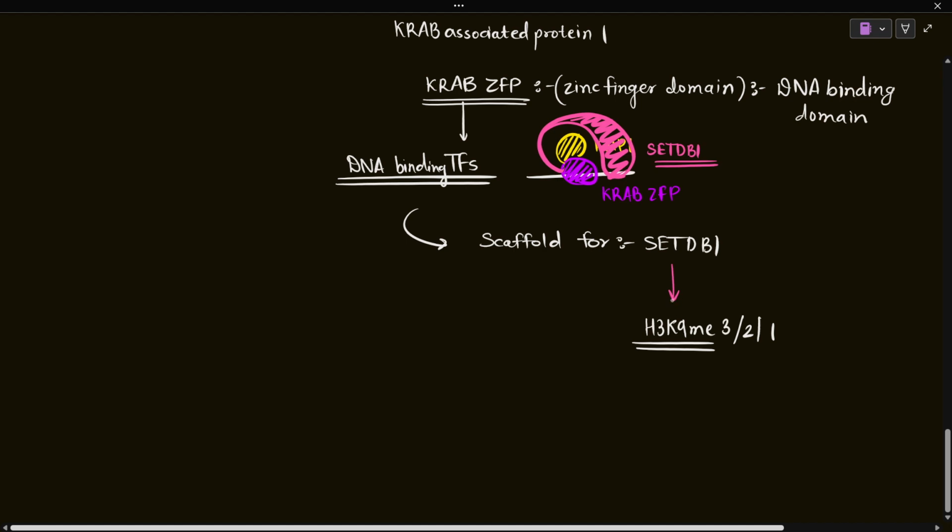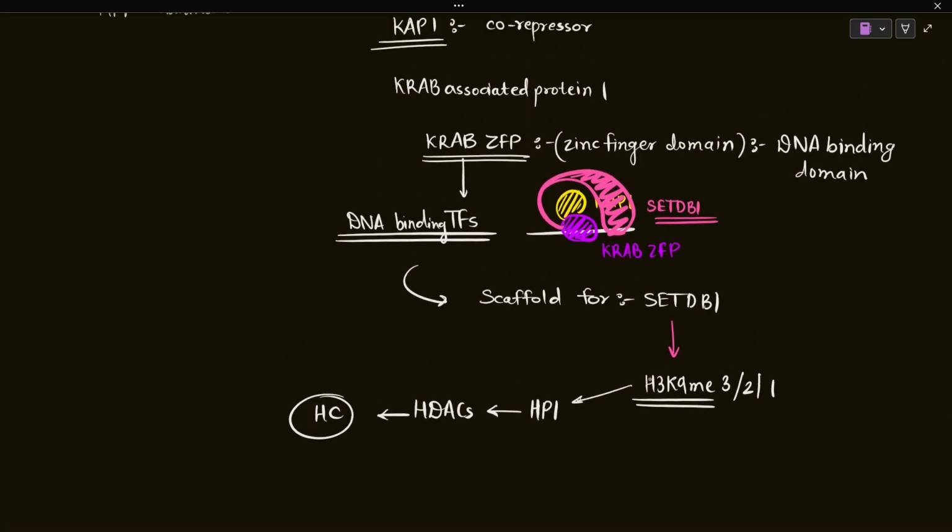So SETDB1 methylates the histone protein, and this methylation will act as a recruitment signal for HP1, and this will recruit HDACs, which will convert the active chromatin to heterochromatin. So this is how the SETDB1 mediated methylation is done.